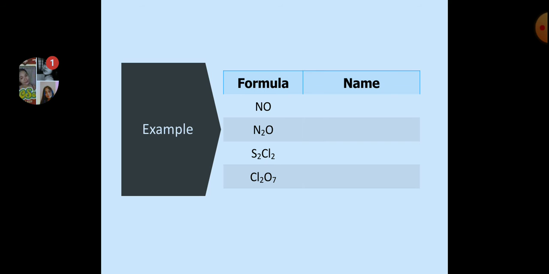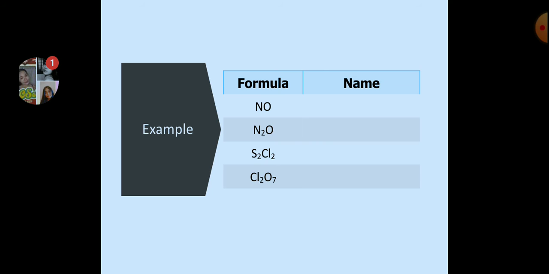Okay, so let's try to name the following compounds, given only the chemical formula or molecular formula. NO: based on the rule, since there is 1 of each, we would use mono. But since nitrogen is first, we remove the mono when the element is first in the chemical formula.